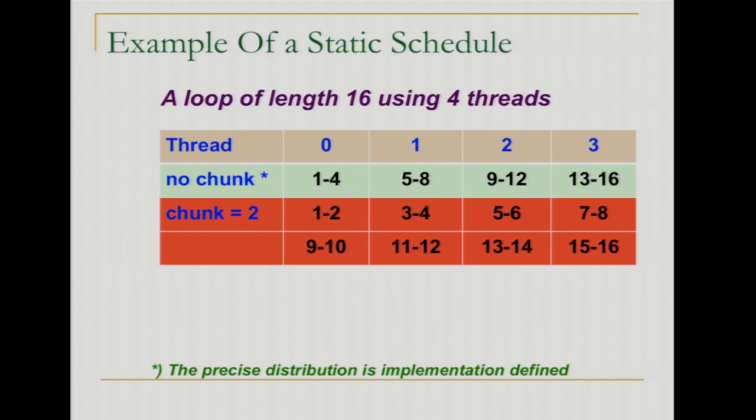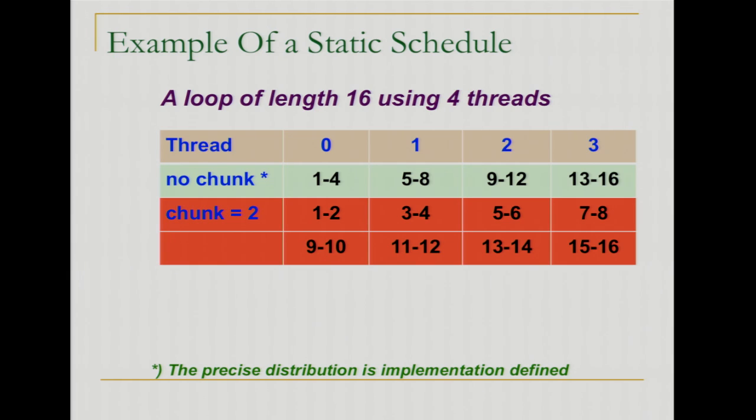If you had 4 threads and 16 iterations, the top line is what you would expect to get just by saying static schedule. If you set the chunk size to 2, then it's a little bit of a round-robin approach. The master thread, if you like, would get iterations 1 and 2, and then it would also get iterations 9 and 10.